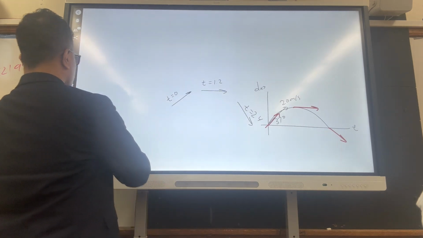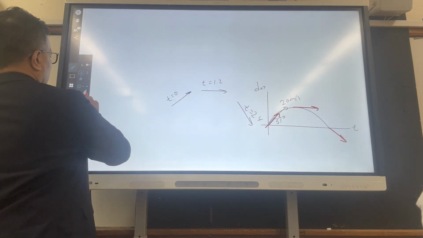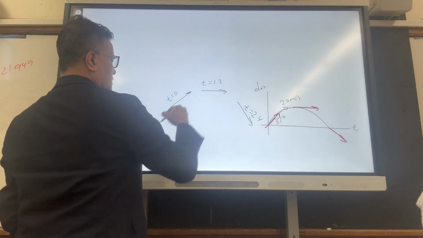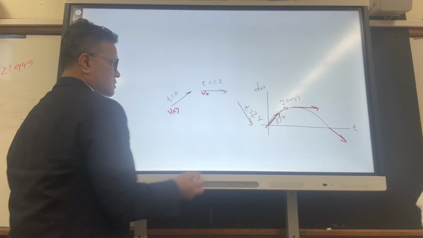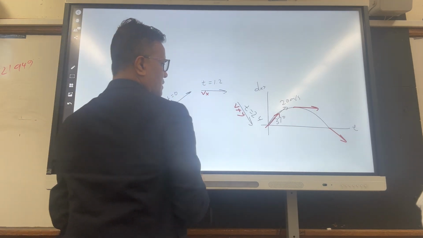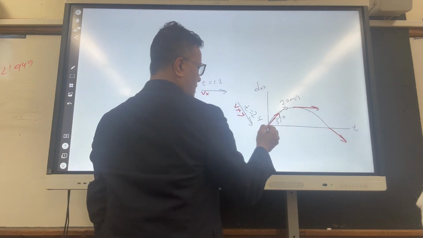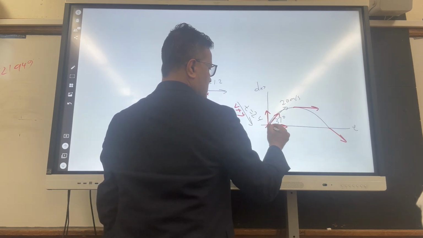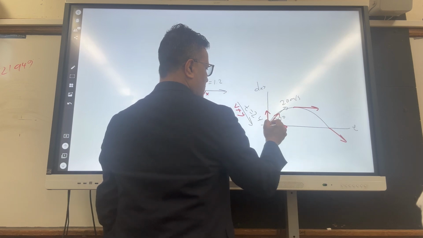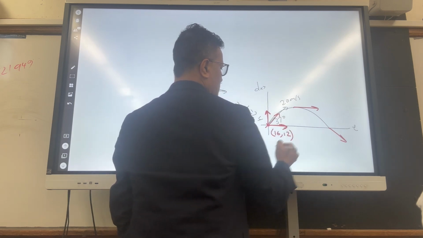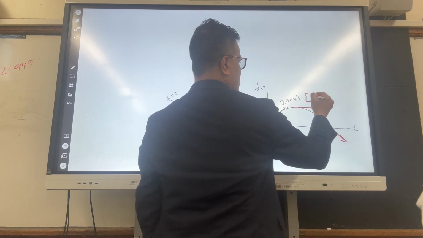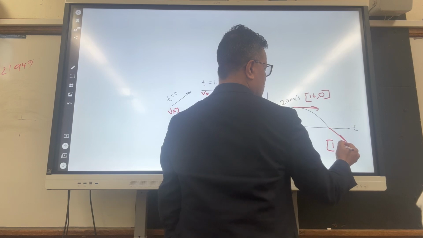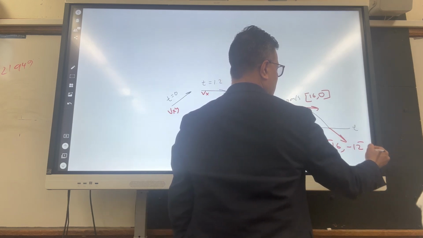What are you noticing about these vectors? Over here you have vx and vy. Vx is 16 and Vy is 12. Over here, Vx is 16 and Vy is 0. Over here, Vx is 16 and Vy is negative 12.